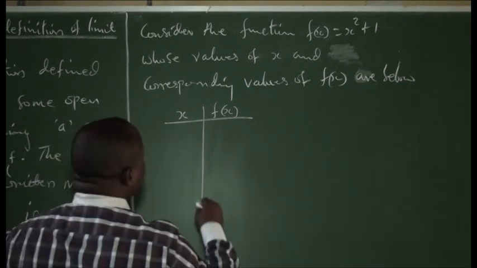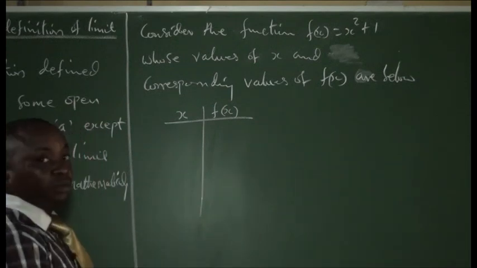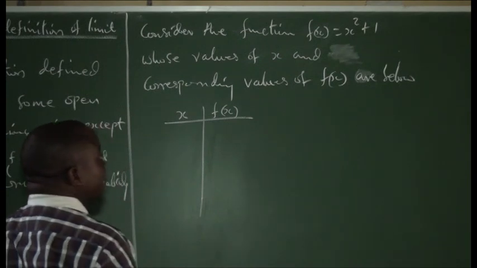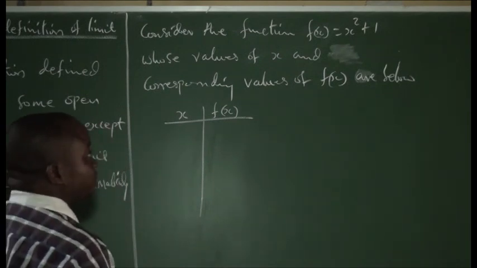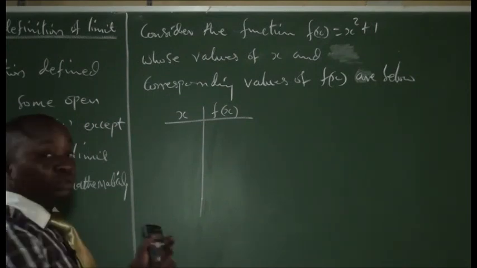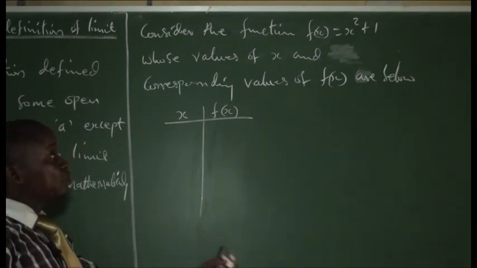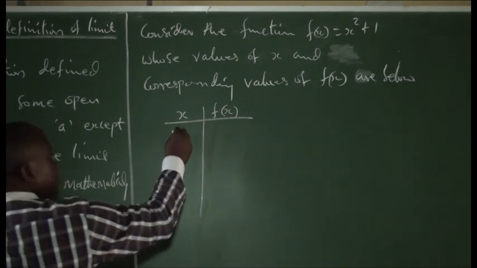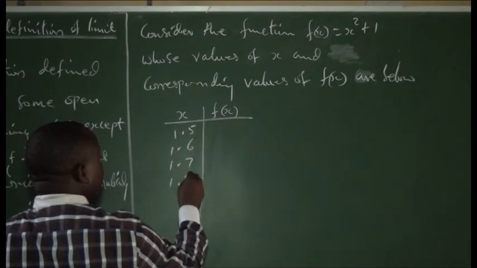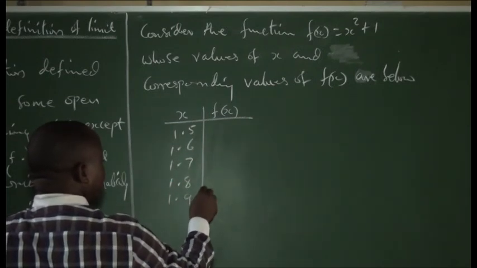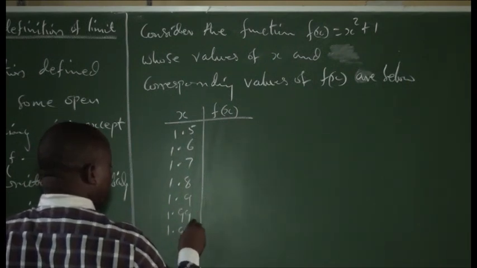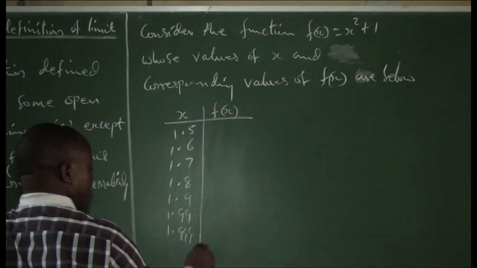So we want to consider it as x approaches 2. From what we had last time, I want to start from x approaching 2 from the left. This will be 1.5, 1.6, 1.7, 1.8, 1.9, 1.99, 1.999.